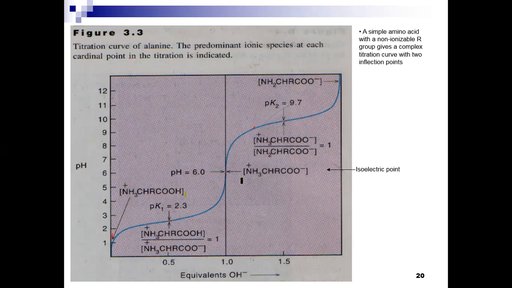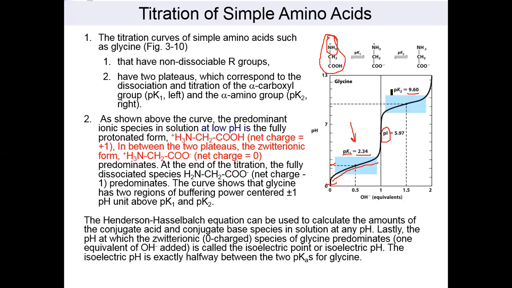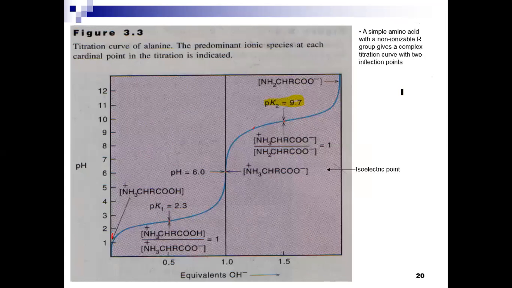The second point of inflection is obtained at the pKa2, which is 9.7 here. If you look here, 9.7. This is the first point, and this is the second. At the 9.7 or 9.6, whatever.